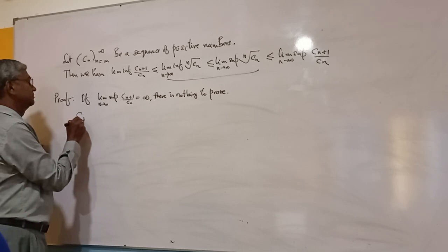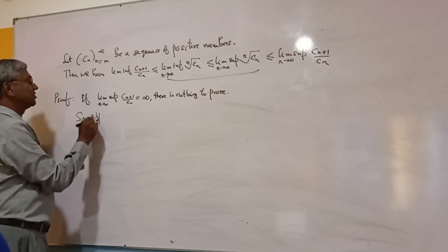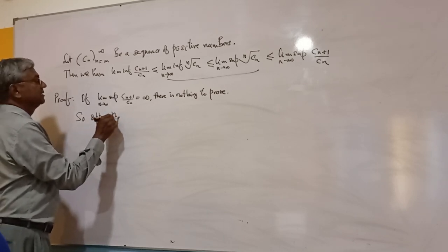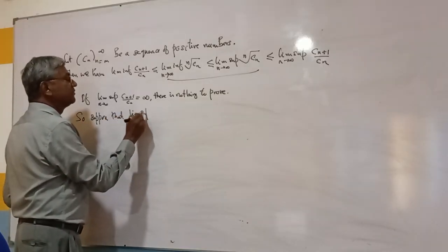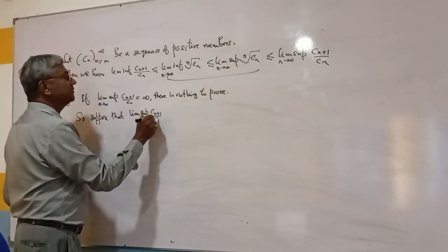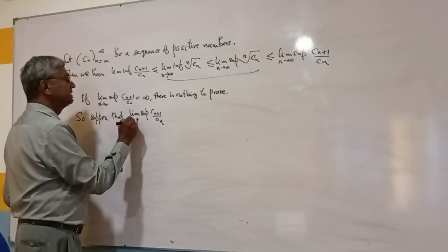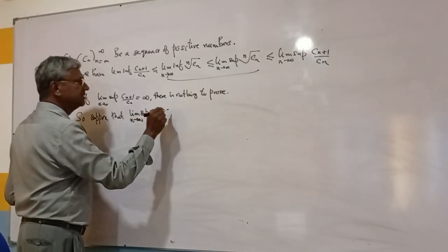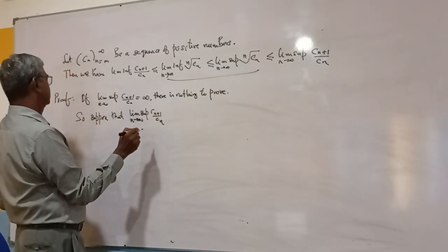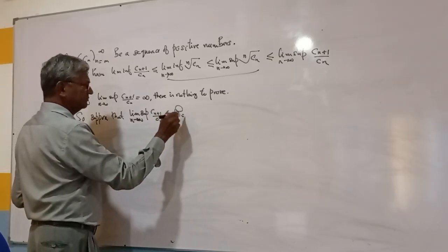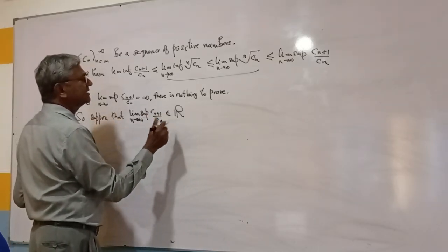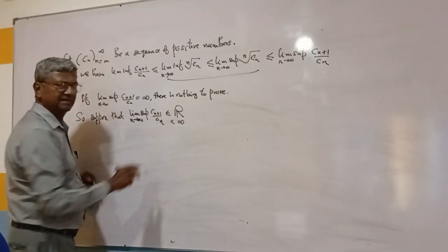So suppose that lim sup of c_{n+1} over c_n is strictly less than infinity.